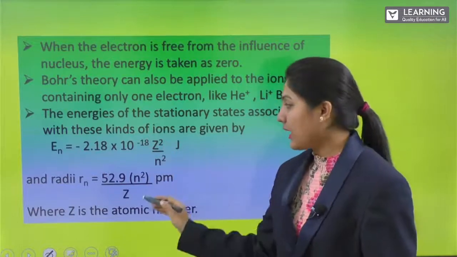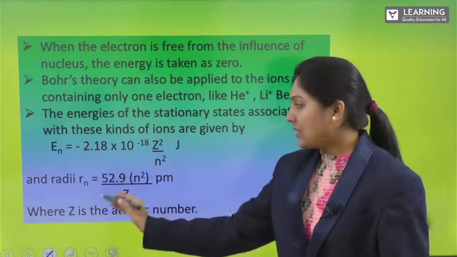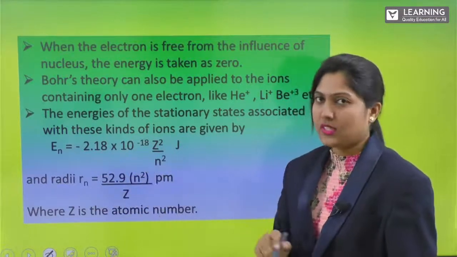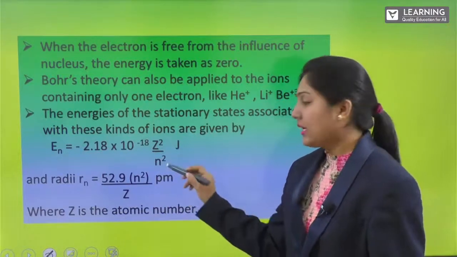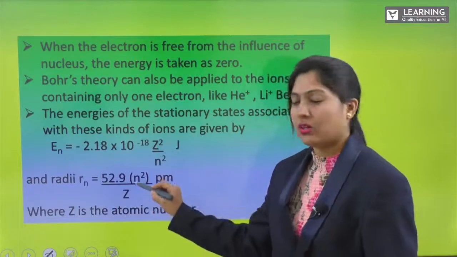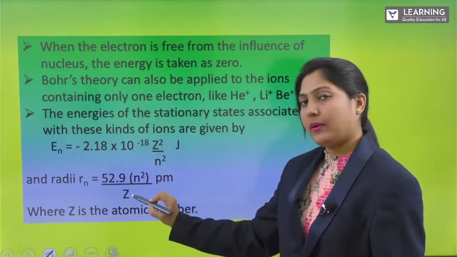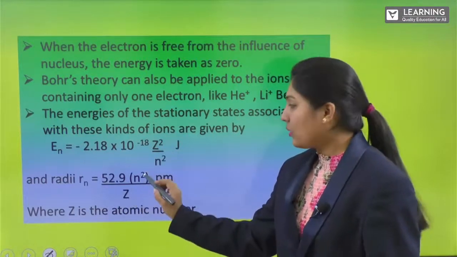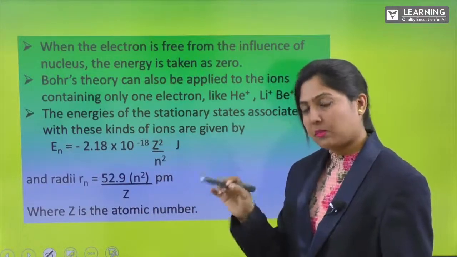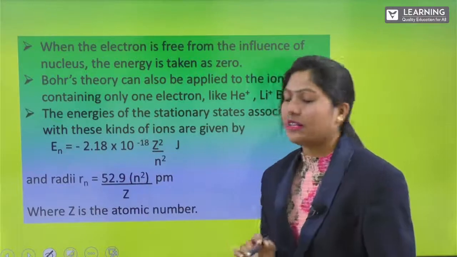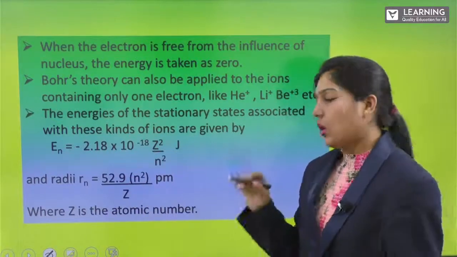From this you can find out, if you know the atomic number of the given element, and also n, the orbit in which the electron is present, the radius of the orbit easily.